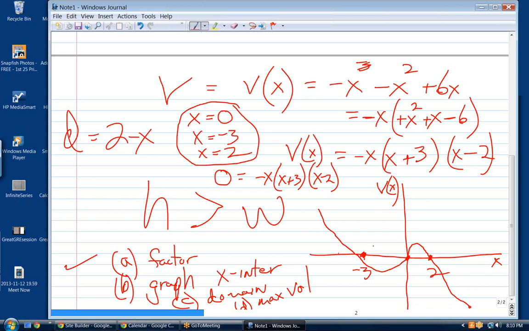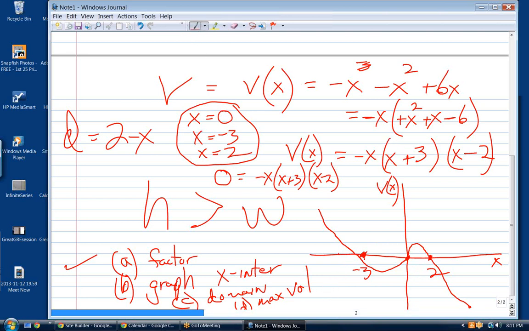Why does it look like this as opposed to this? It has to do with what we talked about last night. Is the left-hand end behavior positive infinity or negative infinity? Negative.